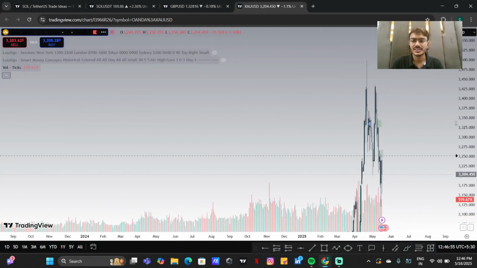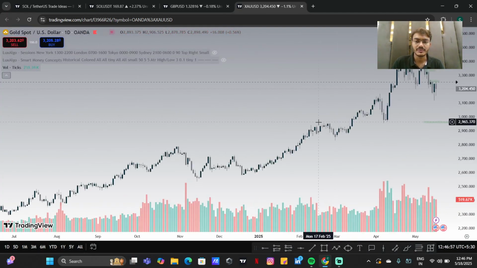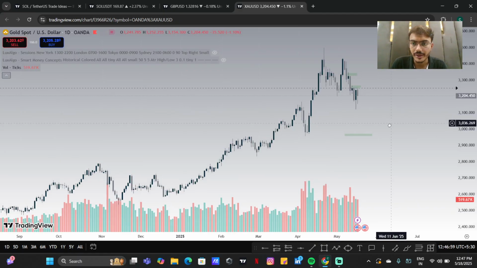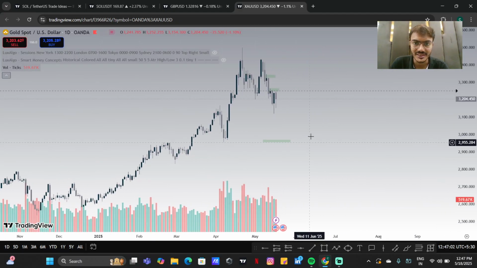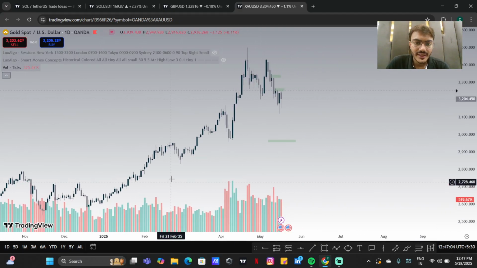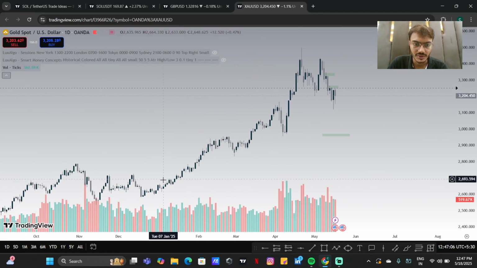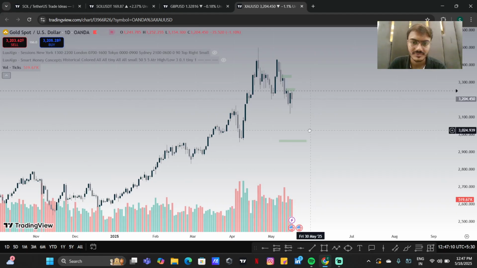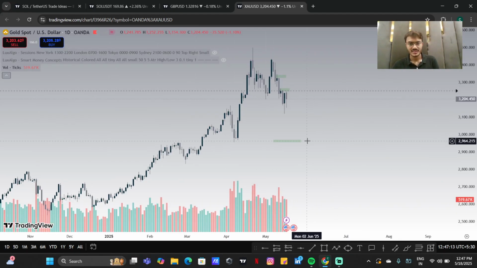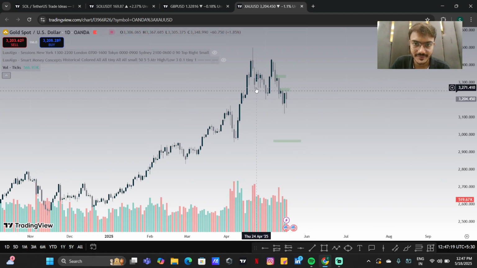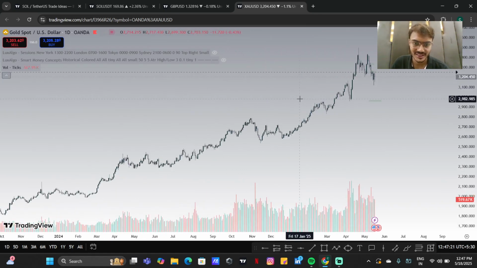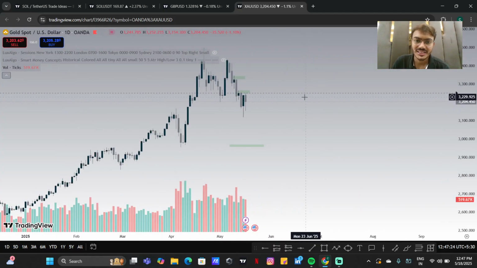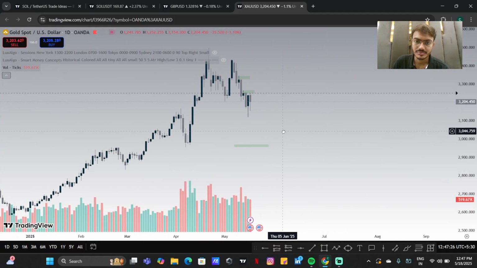Okay, let's see our gold chart in a 1 hour time, in a daily time frame, and all I can see is that, okay, fair enough. Gold is obviously an asset, so it's going to be a bullish run. Currently it has formed an M structure, a double top, but in an asset, there's very little chance that it's going to go on a long short term on the sell side.